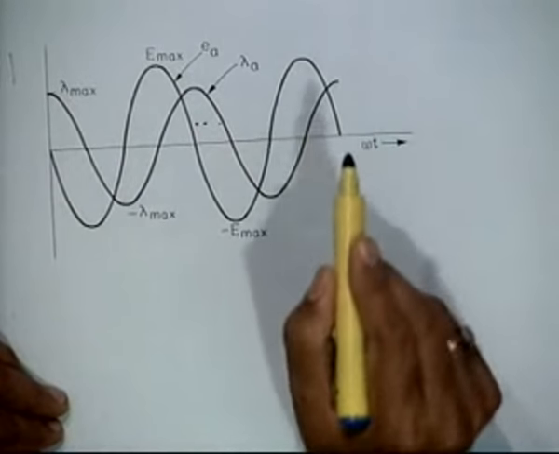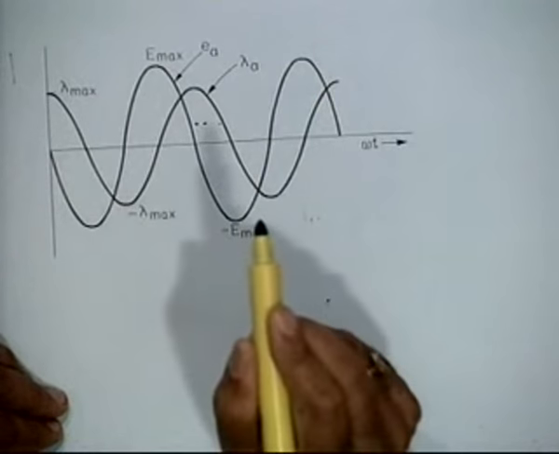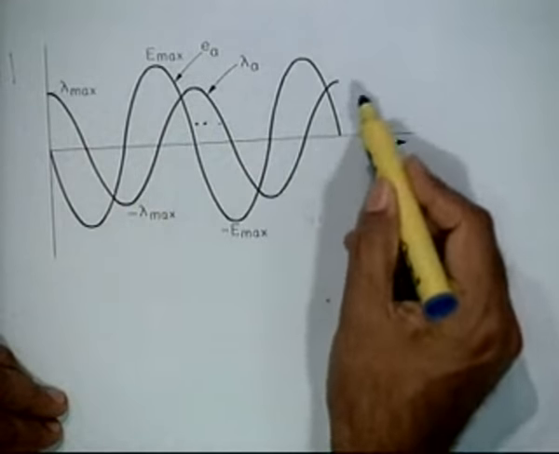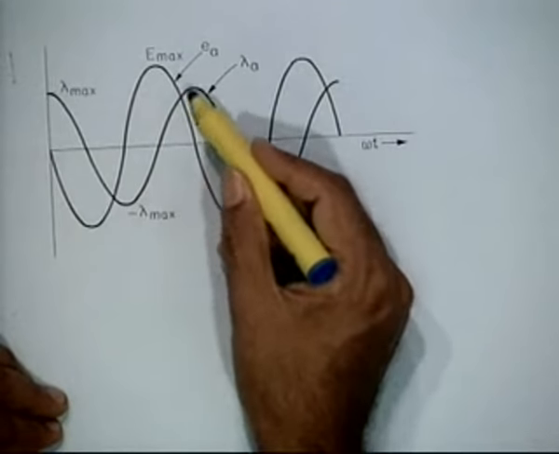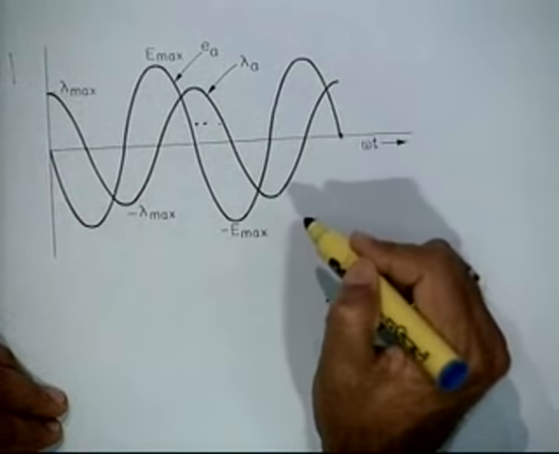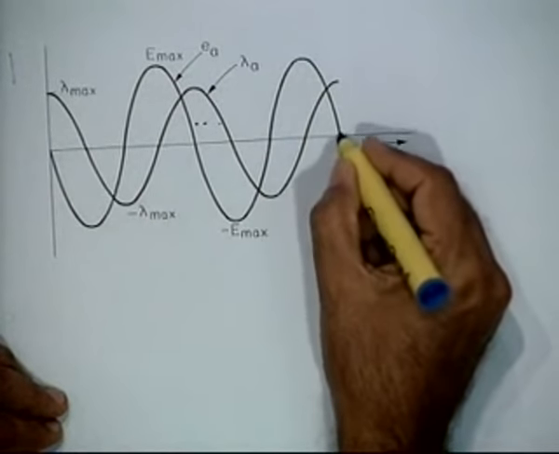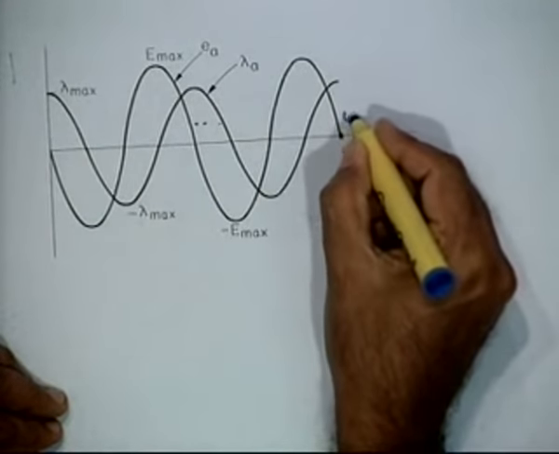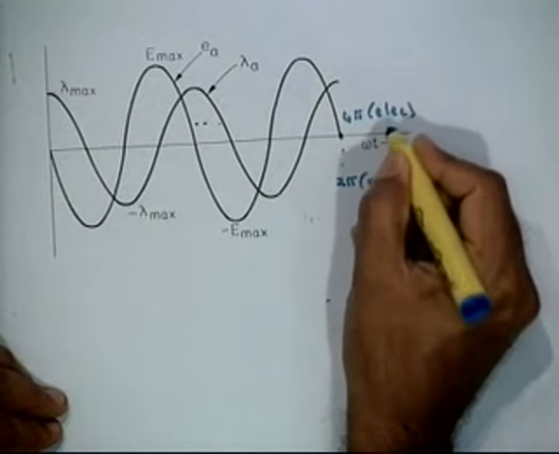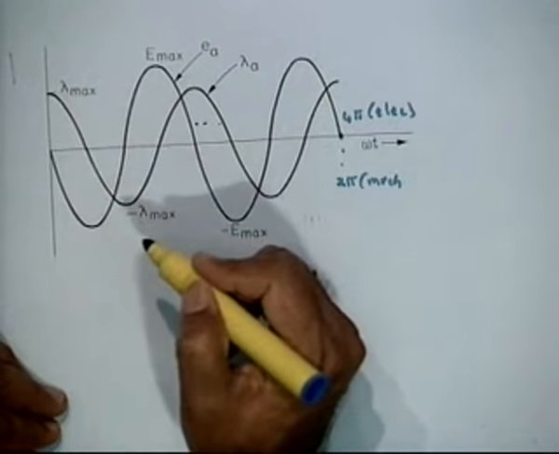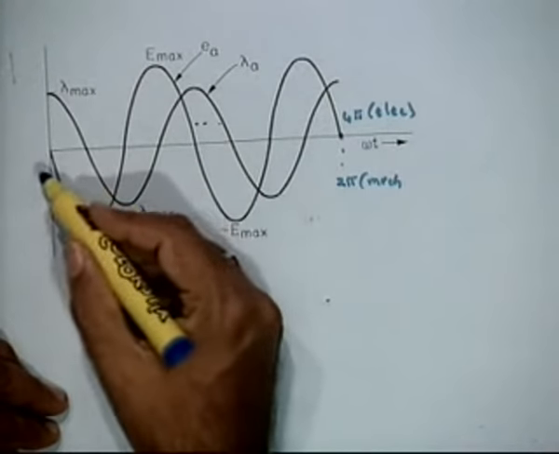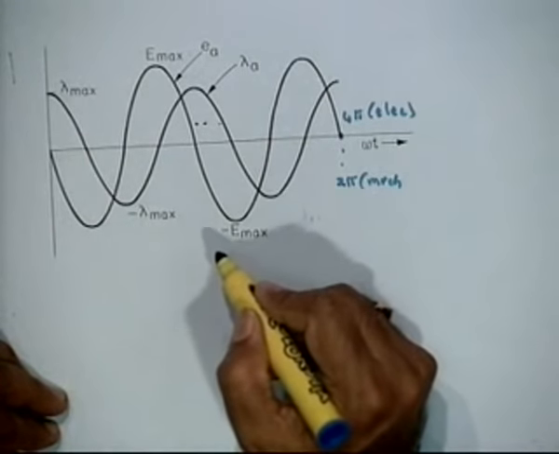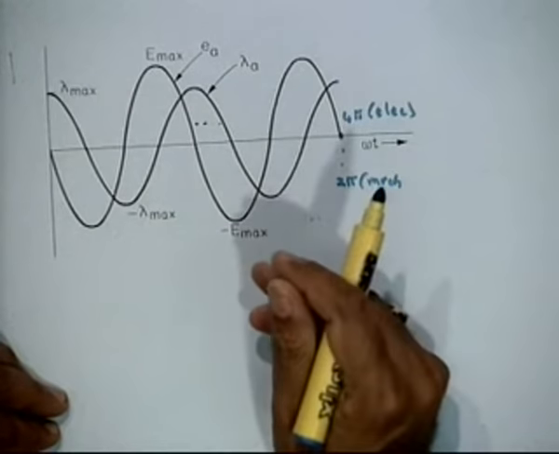As you rotate one mechanical revolution, the 4-pole winding goes through 2 cycles, and E will again go through 2 cycles. This is 2 pi mechanical, which will be 4 pi electrical. So you will notice that as you increase the number of poles, the cycles will increase, so the frequency would increase.